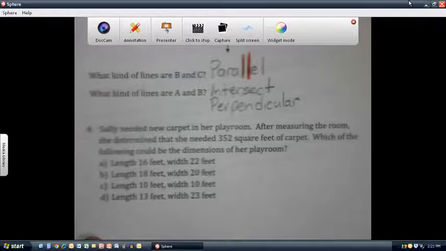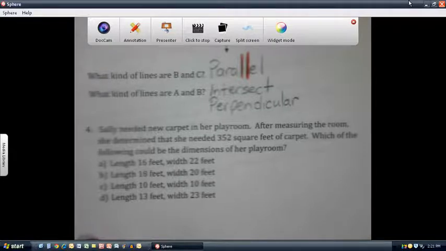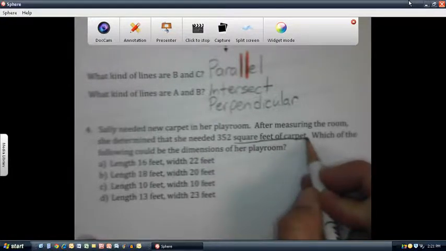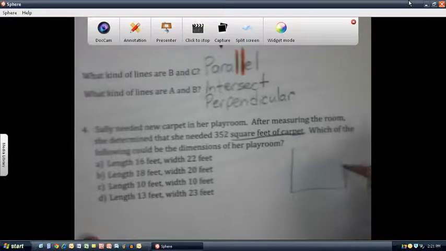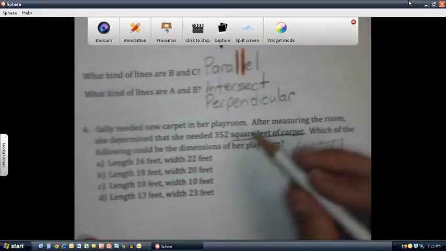Sally needed new carpet in her playroom. After measuring the room, she determined that she needed 352 square feet of carpet. Which of the following could be the dimensions of her playroom? Alright, so I'm thinking to myself, what do I need to do in this type of a problem? If I am looking for carpet, and it's square feet, I know that that would be the inside of a room, because carpet covers the inside of the room and not just the outside.